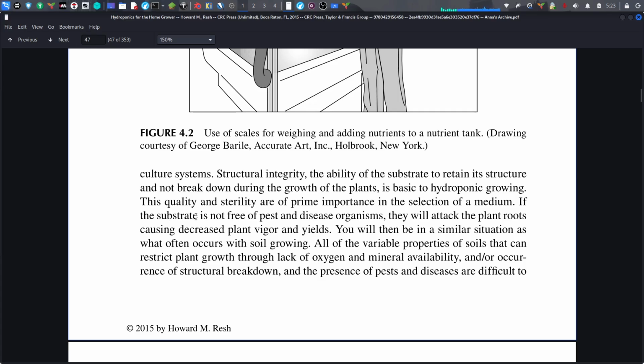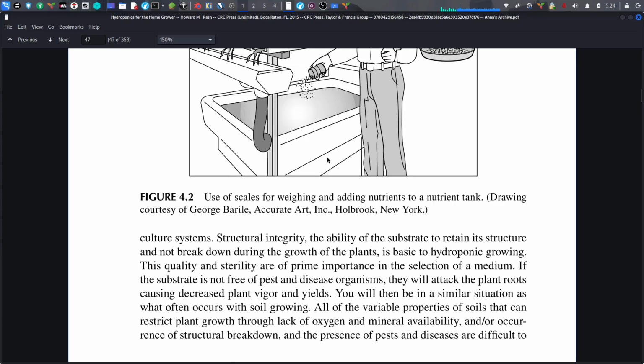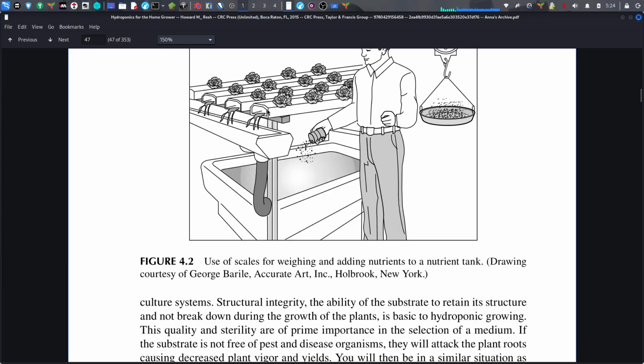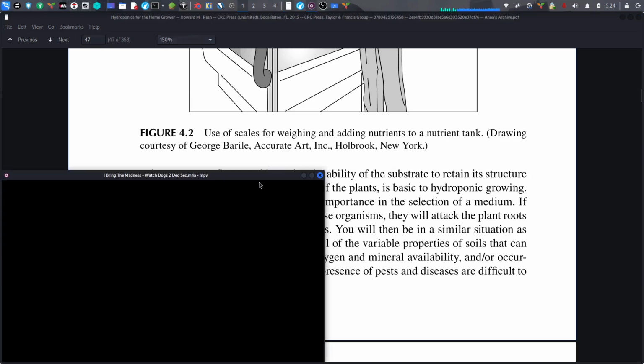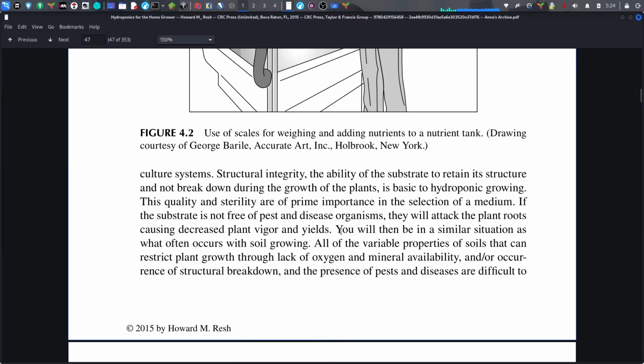If a substrate is not free of pests and disease organisms, they will attack the plant's roots, causing decreased plant vigor and yields. Organisms can break structures of plants, like roots and leaves.